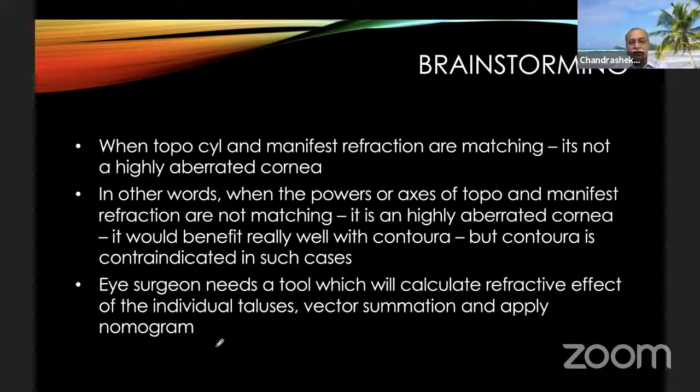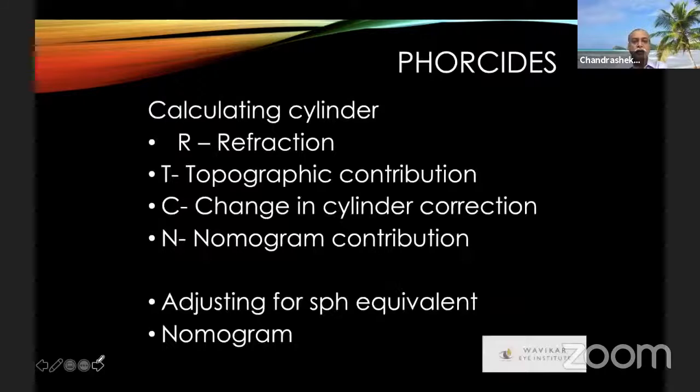So the eye surgeon needs a tool which will calculate the refractive effect of the individual talaisis. Talaisis is the elevation on the corneal map, which is representative of higher order aberrations, then the vector summation of all these, and then applying a nomogram. So we have a software called Forcides, which we are using in all the cases. Now there are 4 different origins of cylinder.